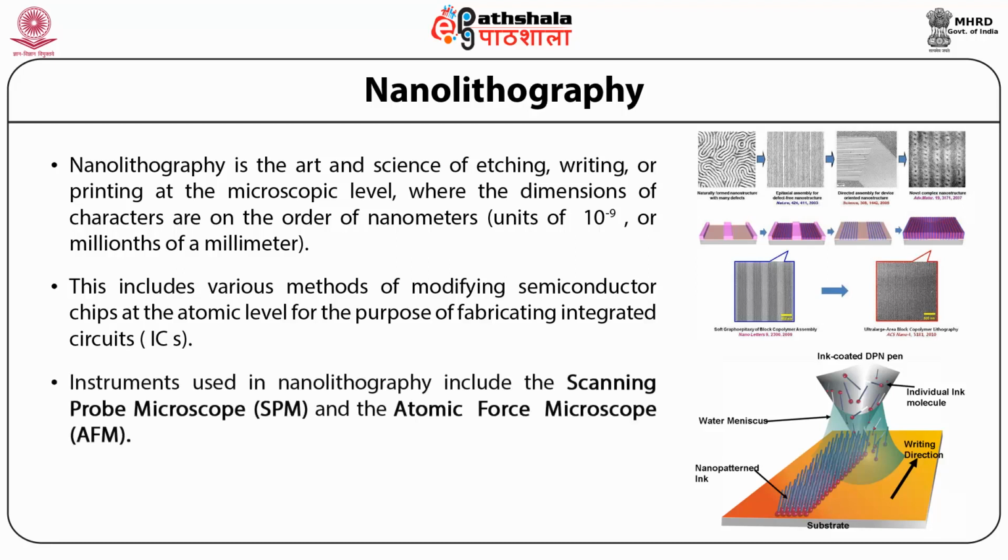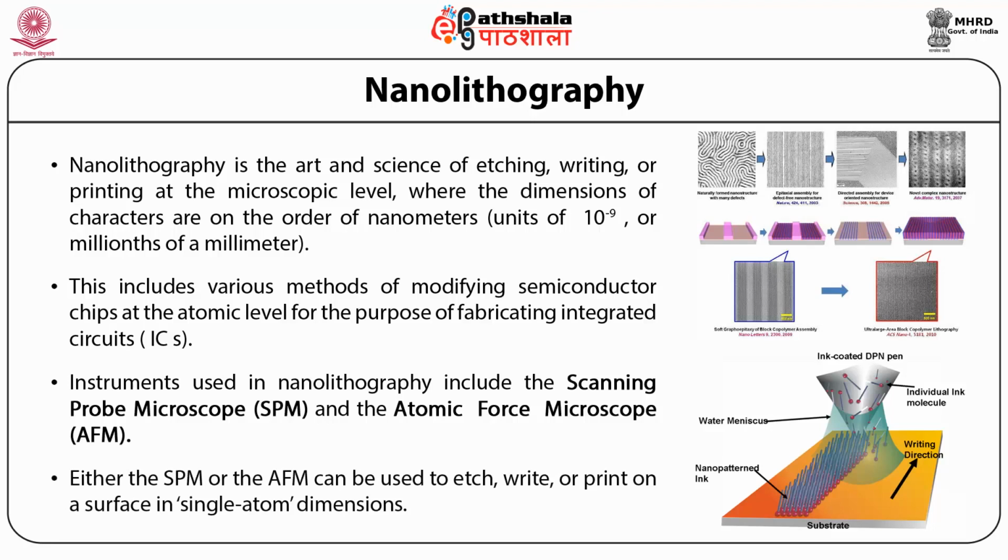The instruments used in nanolithography include the SPM, the scanning probe microscope, and the AFM, the atomic force microscope. Either the SPM or the AFM can be used to etch, write or print on a surface with a single atom in dimension.